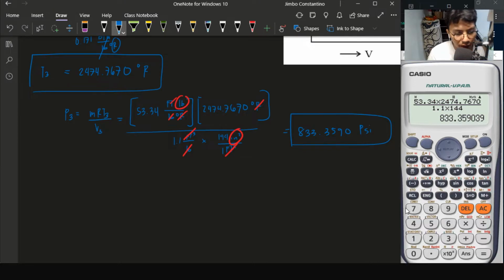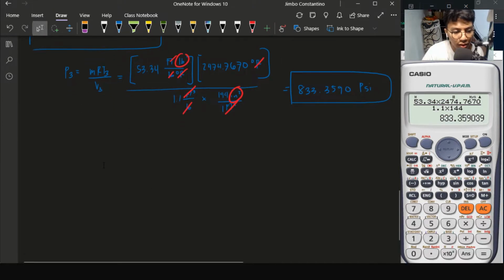Next, we will find P2 over T2 equal to P3 over T3, with V3 equal to the volume. So, this will become the pressure ratio. Our pressure ratio there will be T3 over T2 equal to P3 over P2.